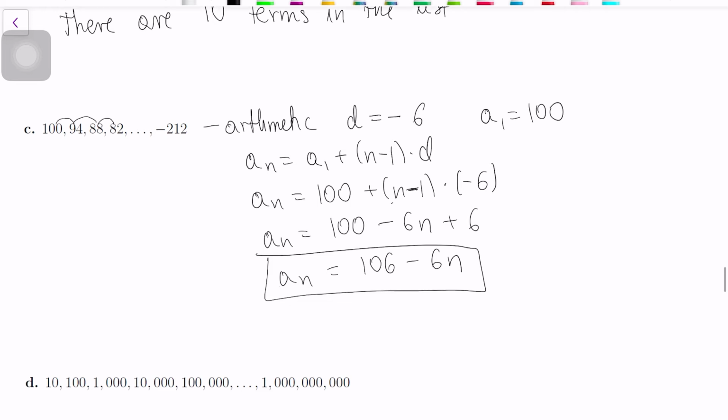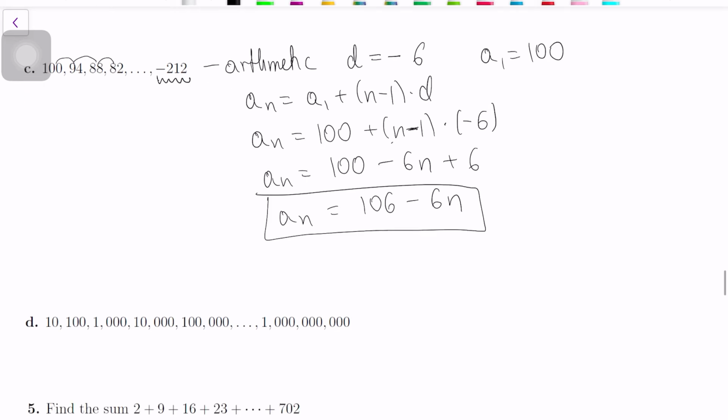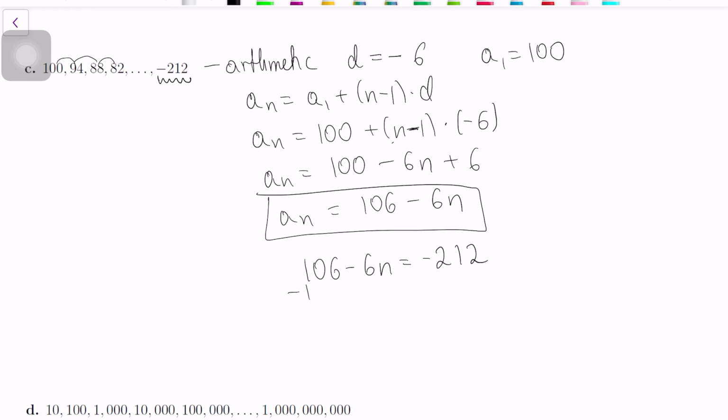Okay, and remember, I want to figure out this one, the last on the list, to which index n it corresponds, because then I'm going to know how many terms I have. So I set the formula equal to -212 to figure out to what term index n the last term corresponds. So I have to subtract 106 from both sides.